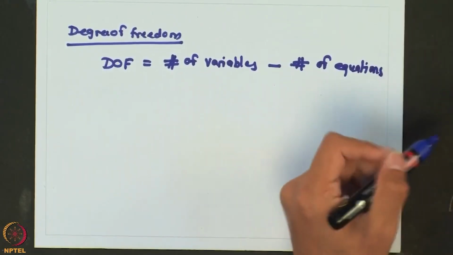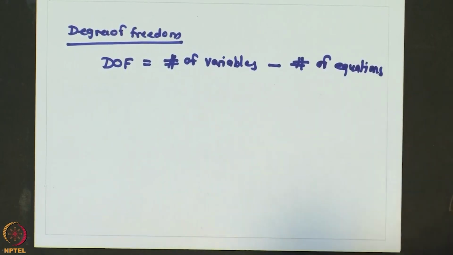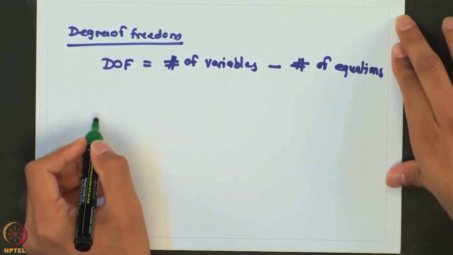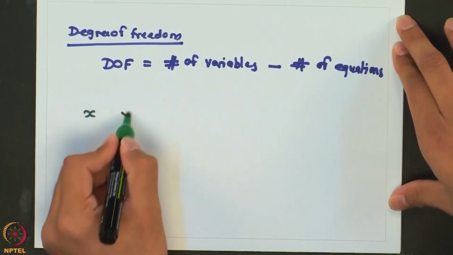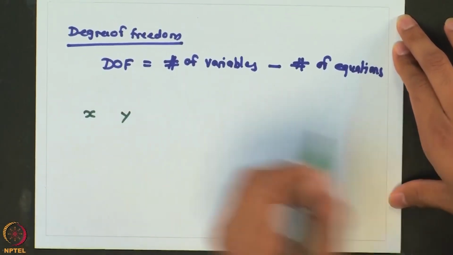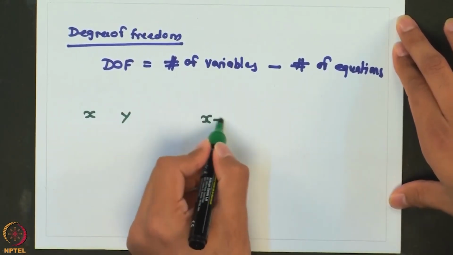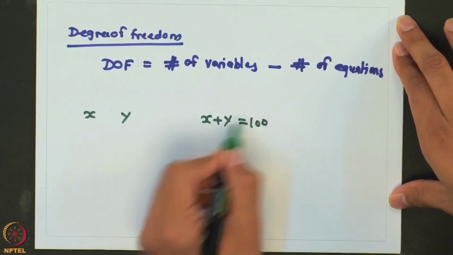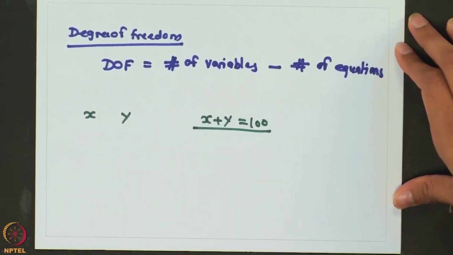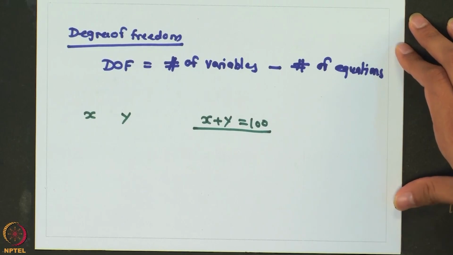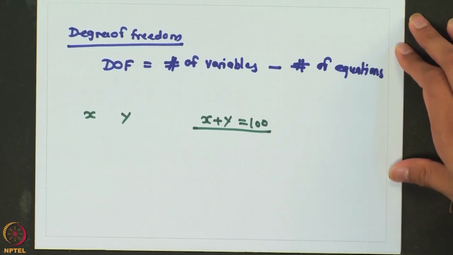To drive this point, let me take a very simple example. If I say that I have two variables x and y, and the only information I have is the addition of them gives me 100, and I ask you how many different ways in which I can choose x and y, then there will be infinite ways in which I can choose x and y.